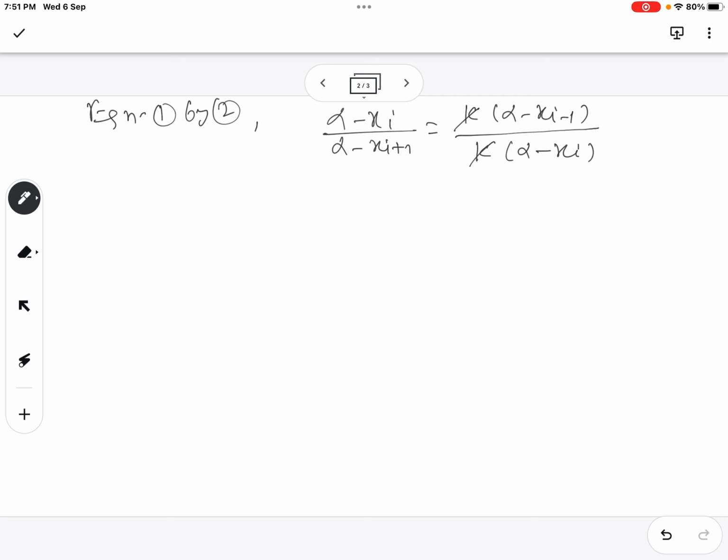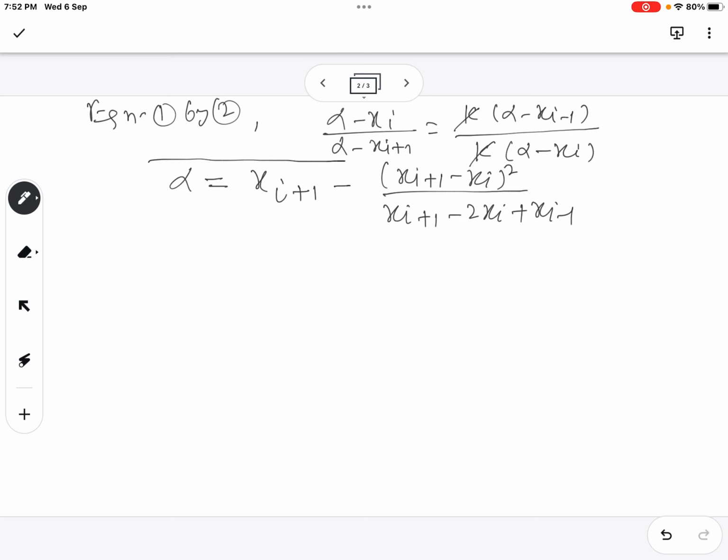And after cancellation and solving, we get alpha equal to x i plus 1 minus (x i plus 1 minus x i) whole square by (x i plus 1 minus 2 x i plus x i minus 1), and this is Aitken's formula.